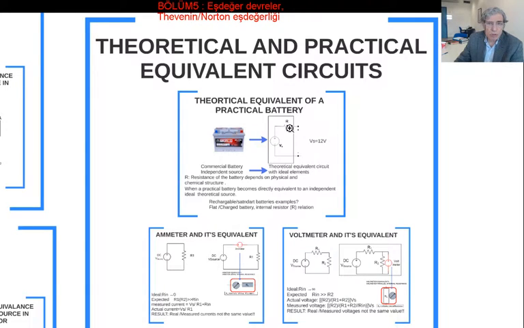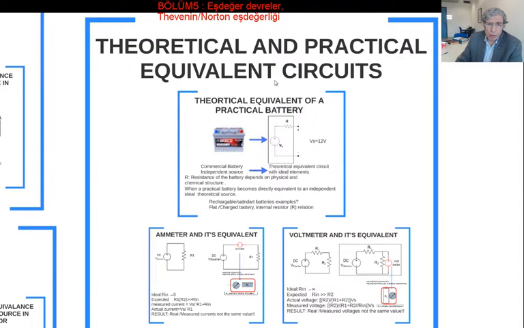That means the quality of your source has decreased. Therefore you have to recharge it if it is a rechargeable battery. When you recharge it, you are reducing the R value by giving additional energy to the system. That is the recharging business.